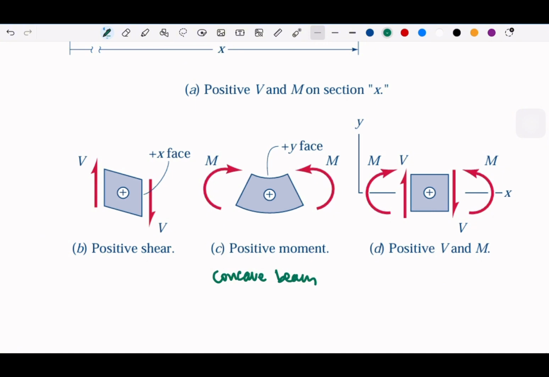When you have bending moment going outwards like this, downwards like that, it will be negative, concave downward. Okay? And this is the sign convention, and you need to remember how to take it by default.